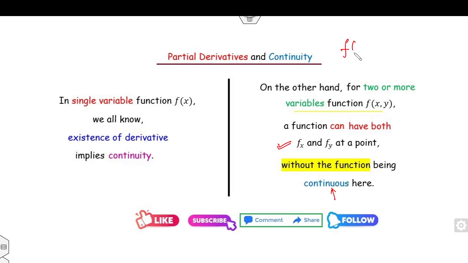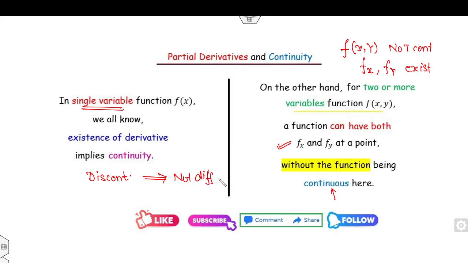Meaning we have a function of x and y which is not continuous, but still the partial derivative exists. However, in the case of a single variable, if the function is discontinuous, this implies the function is not differentiable. But in this case, if the function is not continuous, you can still say the partial derivative exists.